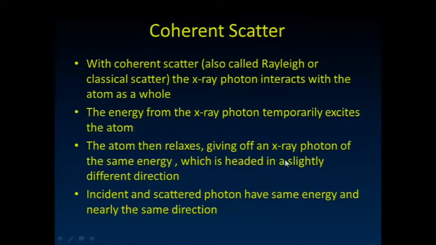The first thing I want to talk about is coherent scatter. In coherent scatter, the X-ray interacts with the atom as a whole. If you want to almost think of it, it vibrates it to a slightly excited state, and as that atom relaxes back to its normal state, it gives that energy back off, but in a slightly different direction. So coherent scatter changes the direction of the energy, but not by a whole lot.